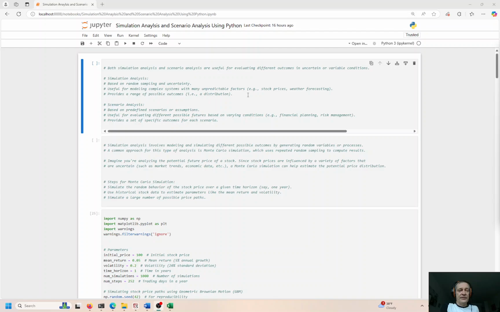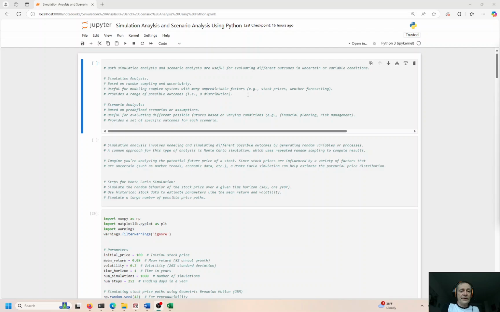So what's scenario analysis? This is more predefined assumptions used to evaluate more economic types of scenarios, predict possible future outcomes based on varying conditions. Again, somewhat related to finance, risk management, just like simulation analysis.